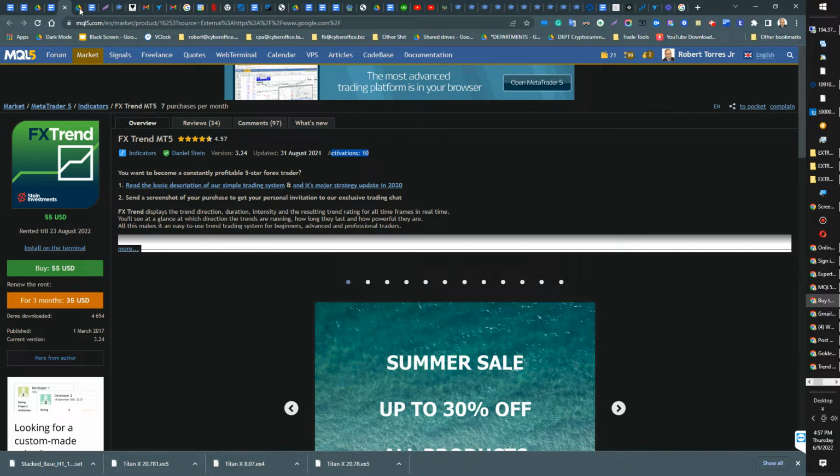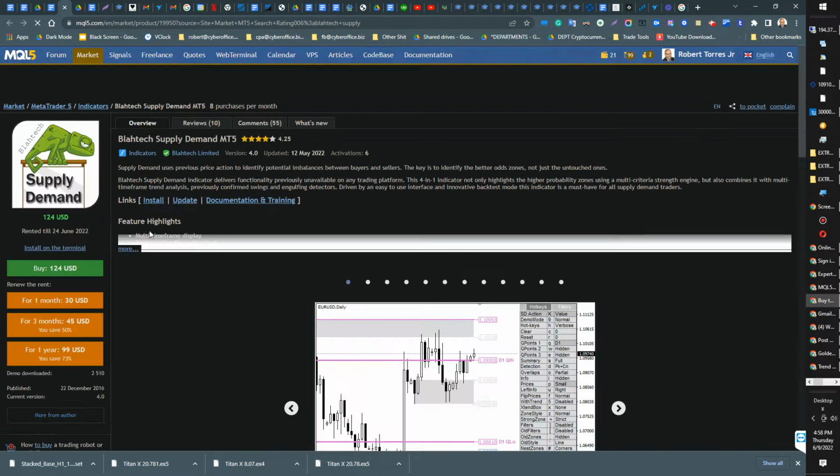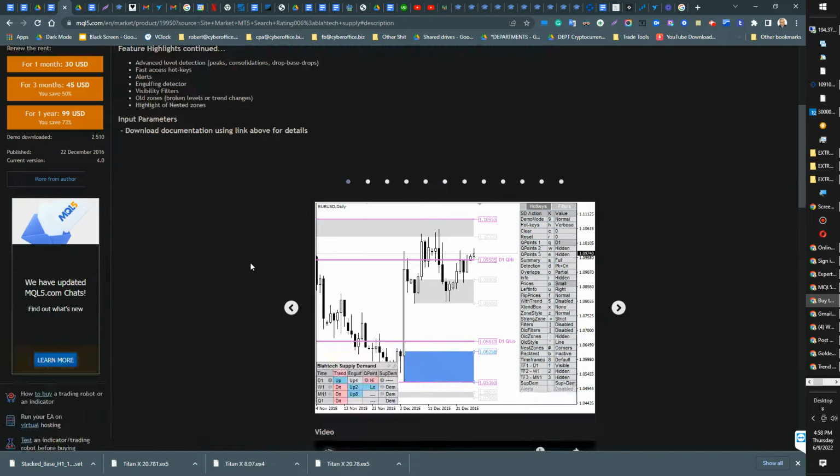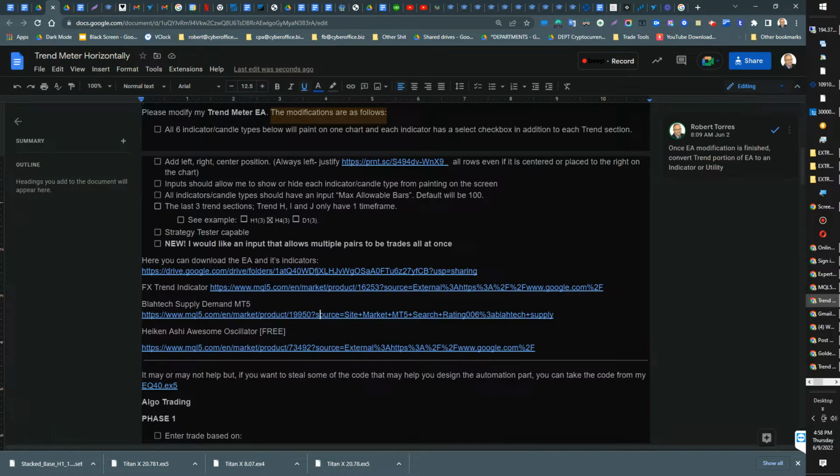Okay, so let's go to the next one. The Blotic supply and demand. This is also on my MQL5. And supply and demand, in my opinion, is a lot better than support and resistance. Let me just show you.